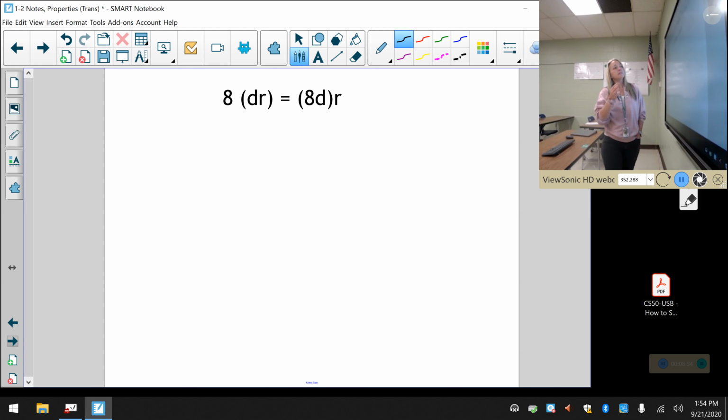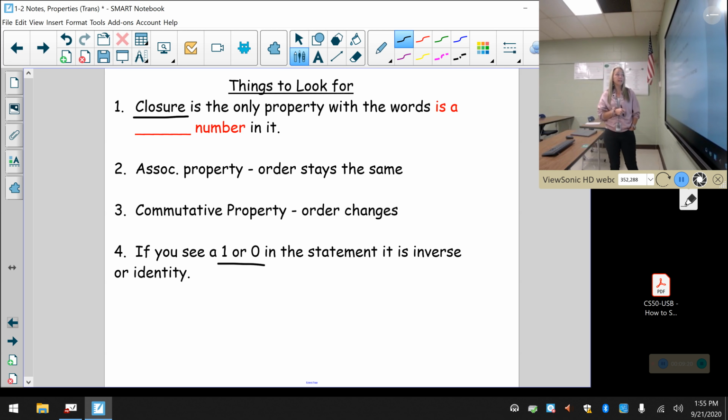So given this equation, I have to decide what property tells me that this is true. Well, I have 8 times D times R, but here I want to multiply D times R first. Okay, and the next one, 8 times D times R, here I want to multiply 8 times D first. Now let's think to ourselves, all right, back to those hints. If you have those hints in front of you, that's great, maybe write them down.